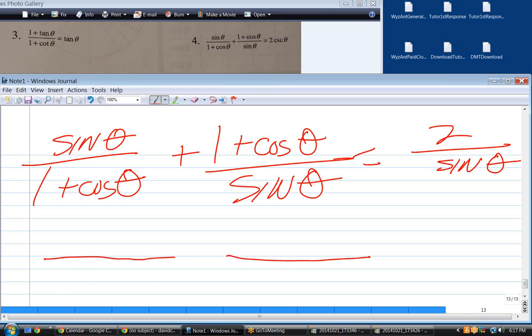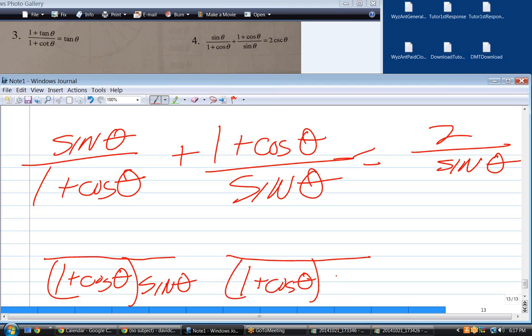1 plus cosine theta in parentheses times sine theta. Always the product is the common denominator. What goes over on the left side?